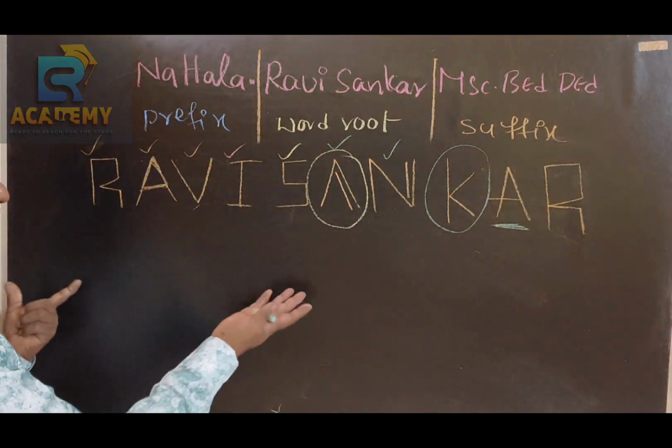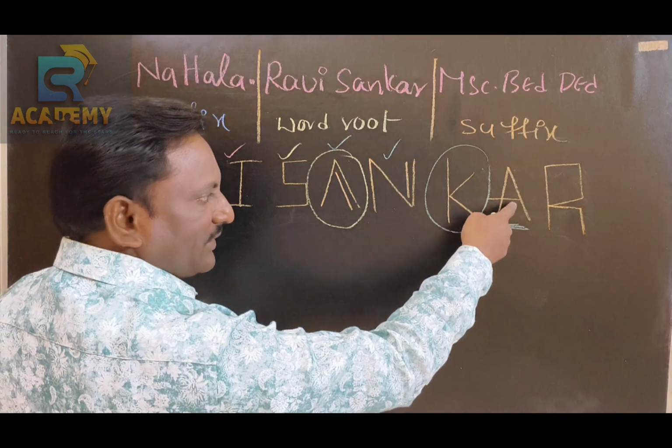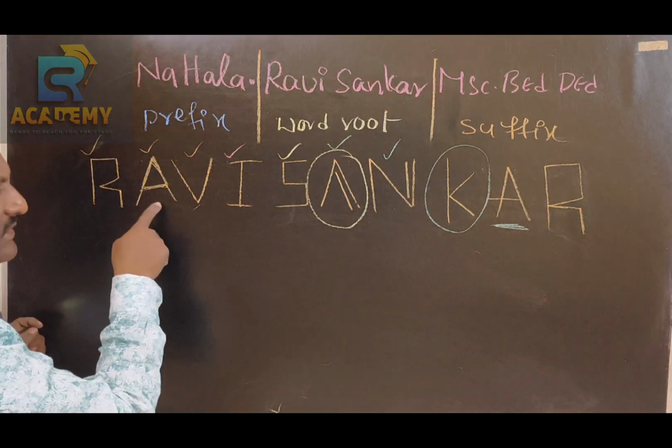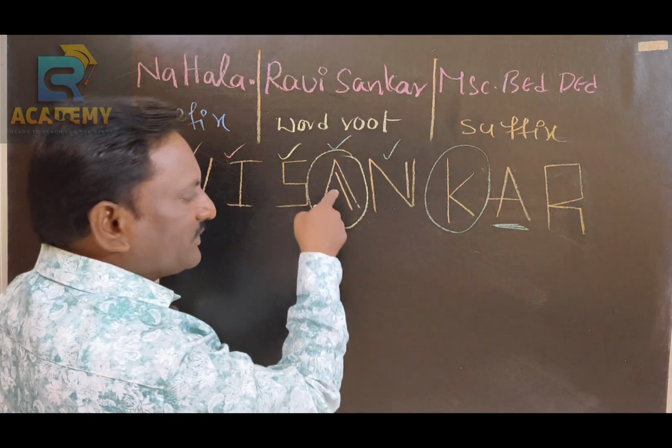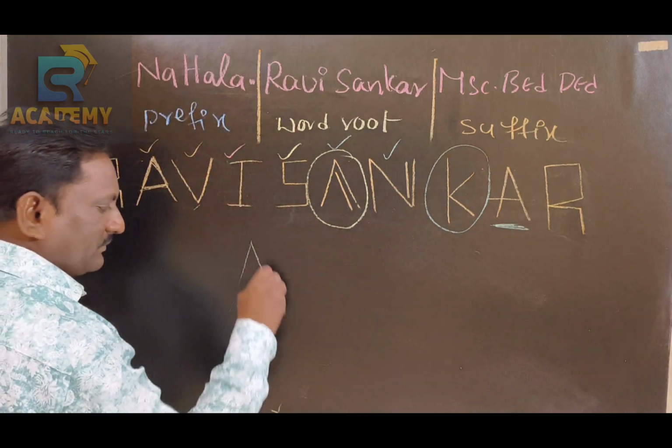So there is a lot of difference between this one and this one. This is a cyclic compound, this is an open chain with a double bond, and this is also cyclic, right?